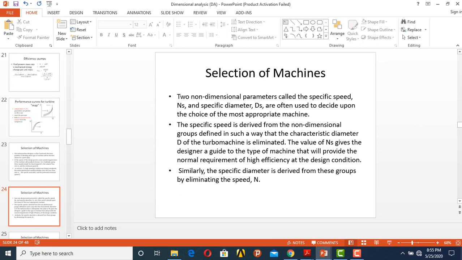This specific speed will help you to get a machine which will operate at higher efficiency, because these specific speeds are always obtained at higher efficiency. So if you obtain, say for the pump, a specific speed, and then you go to get this machine, there is a guarantee that this machine will operate at high efficiency, because that's what it was designed for, provided the operation or design conditions are met.